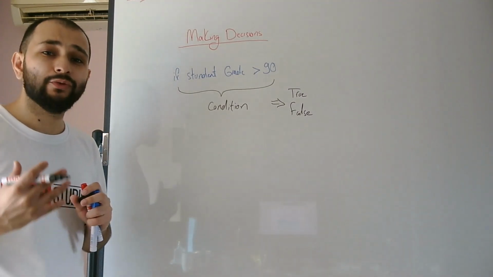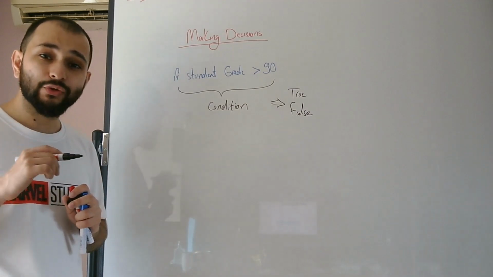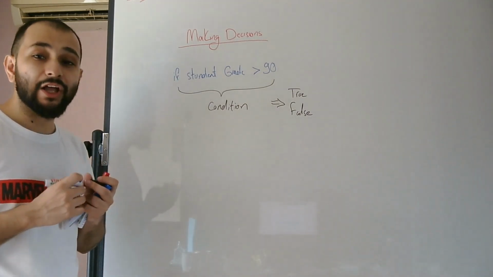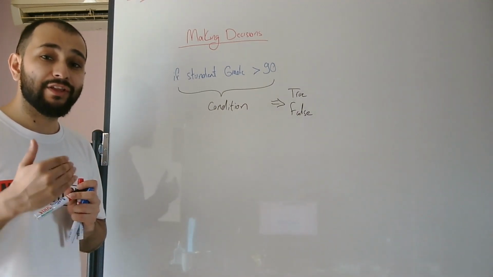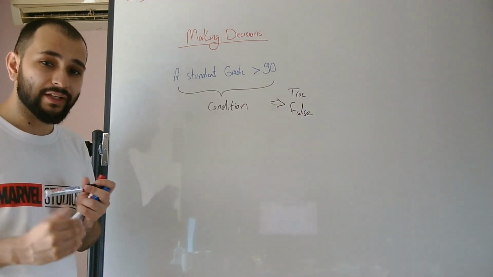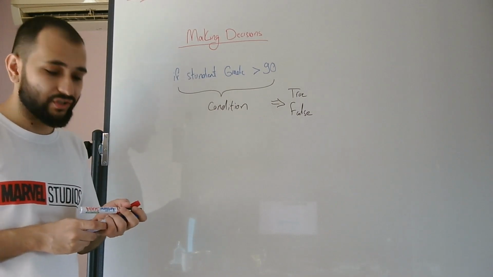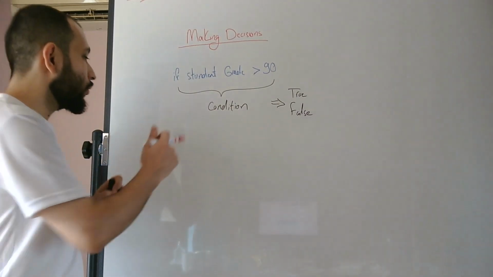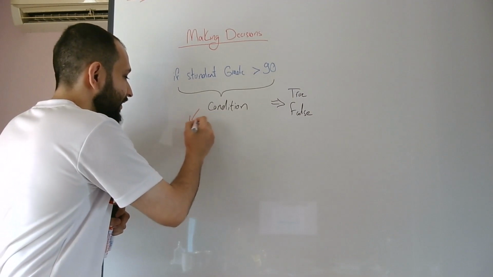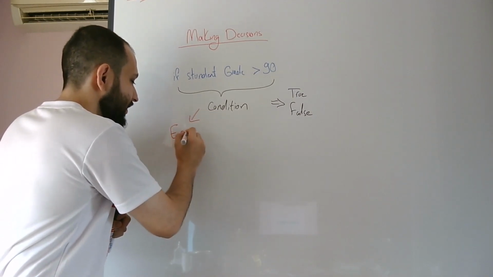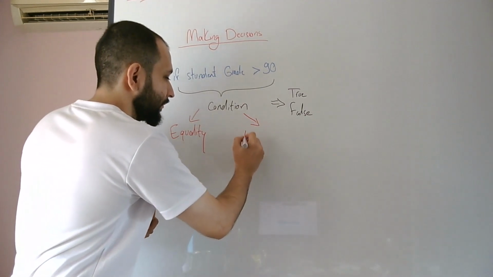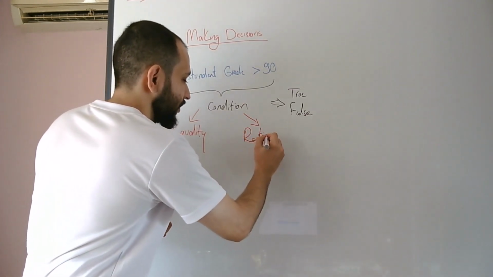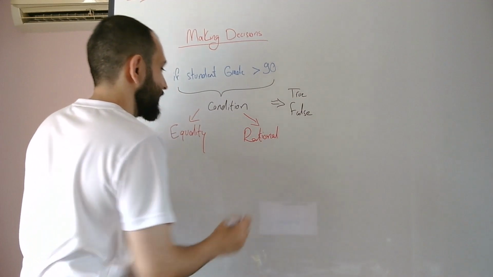So how can we create conditions? We can create conditions using two kinds of operators that we are going to discuss. These operators are called equality operators and relational operators.